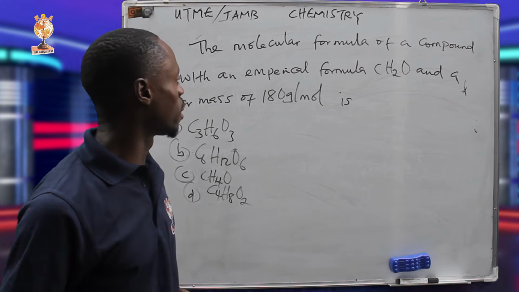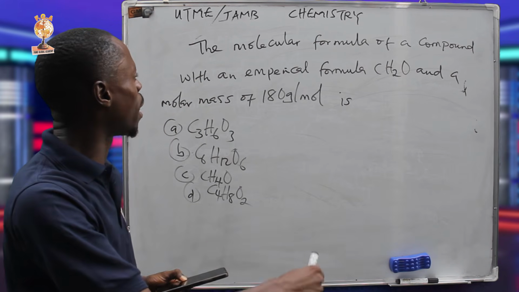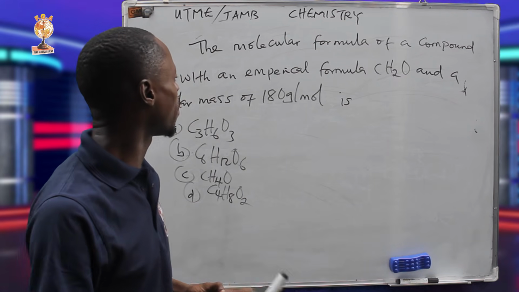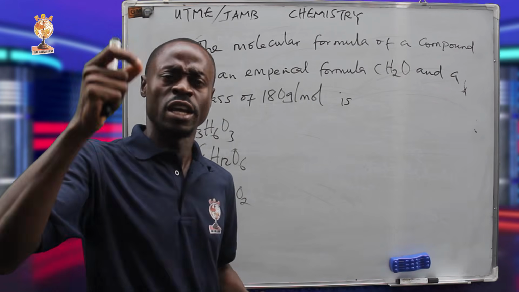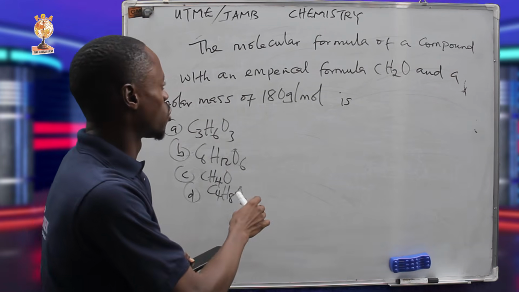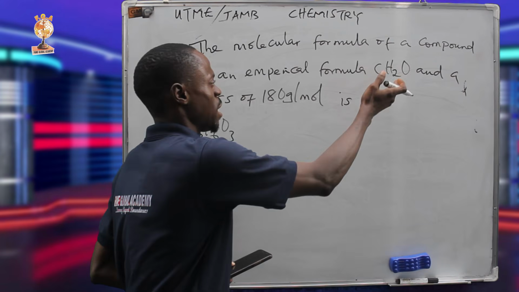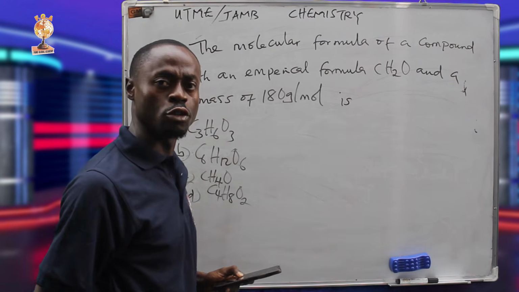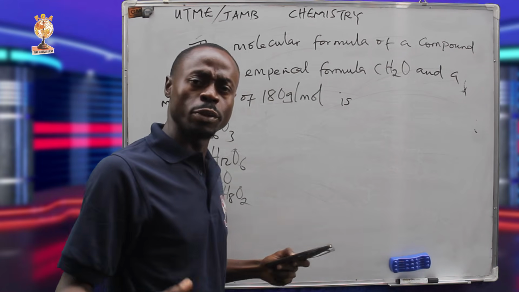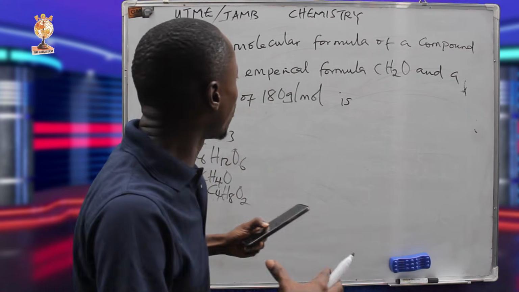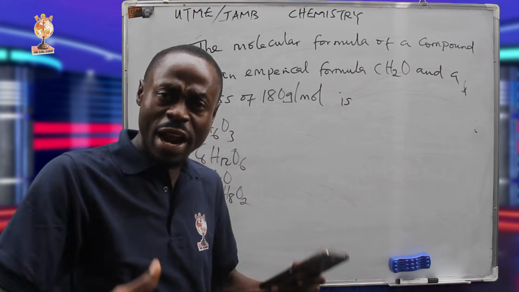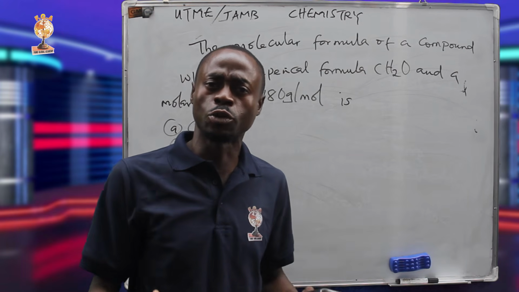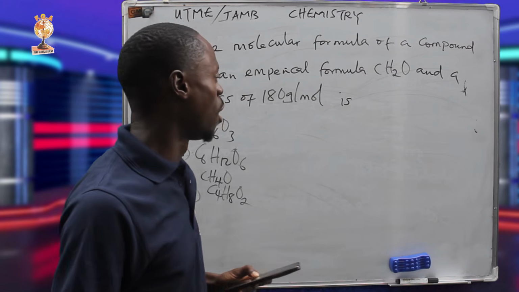From this question, the empirical formula has been given. That makes the question a lot simpler and easier to calculate. Now, what you should be asking yourself is, what is the relationship between empirical formula and molecular formula that will enable you to get the molecular formula of the compound?